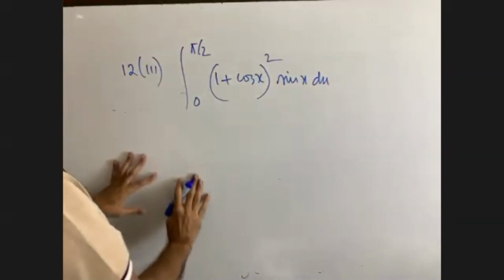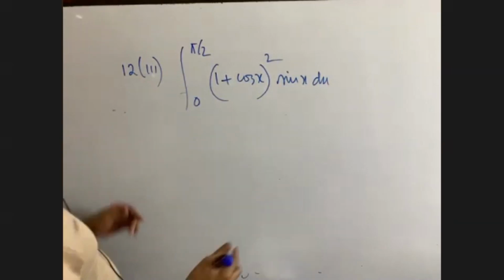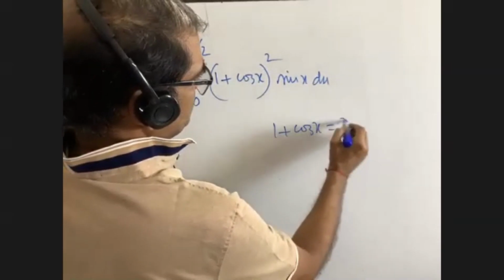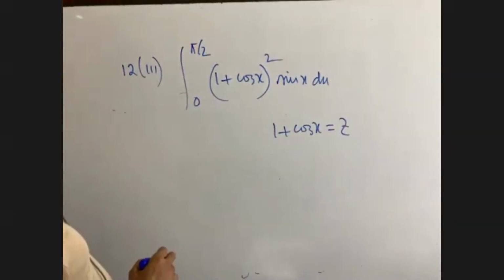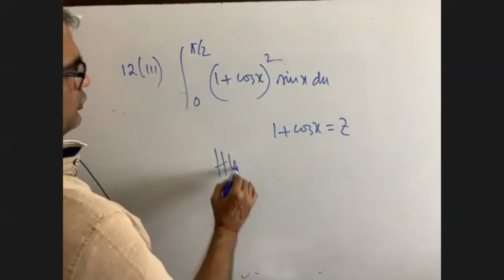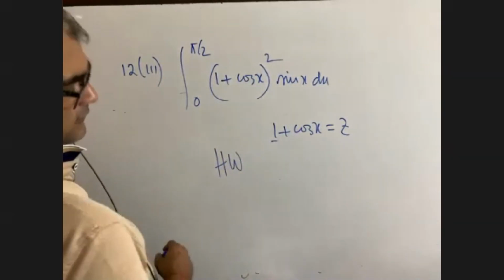This is the math. What will you do? Talk to me. Same thing. 1 plus cos x equals to z. So I think now you can do it. It is homework.